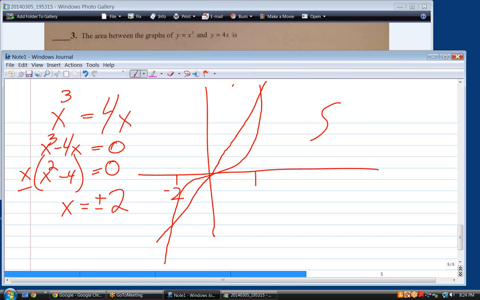Now, they didn't specify first quadrant in this question.